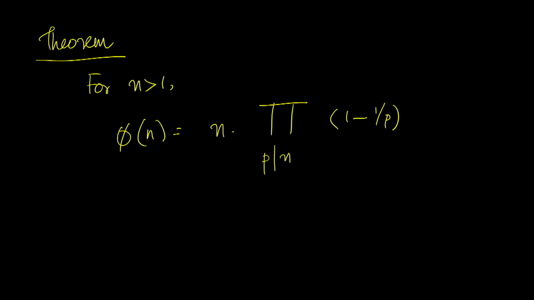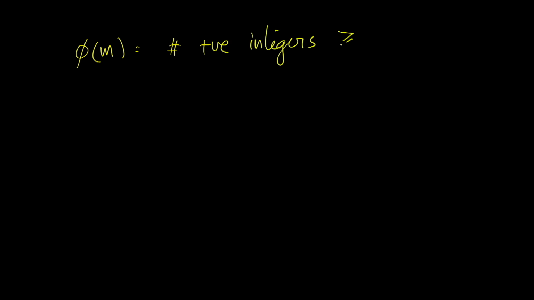So, this makes it easy to calculate the phi function for even fairly large numbers. From the definition, we know that phi of m is the number of positive integers greater than or equal to 1, less than or equal to m, that are relatively prime to m.